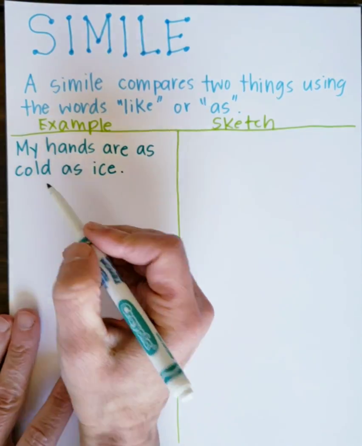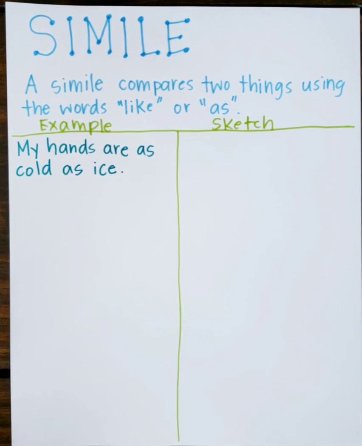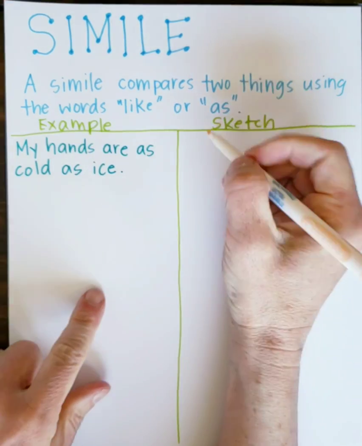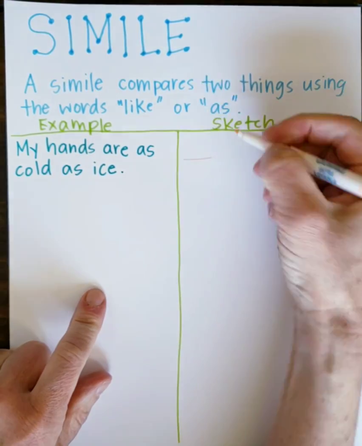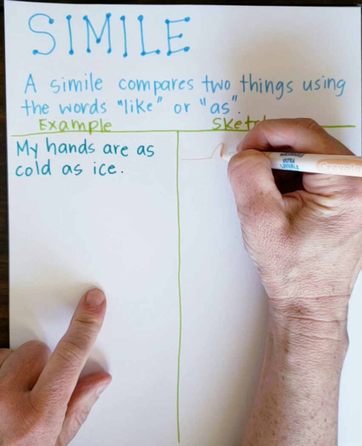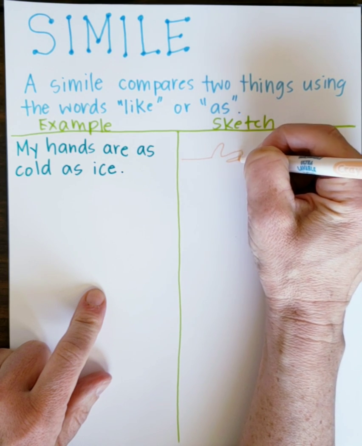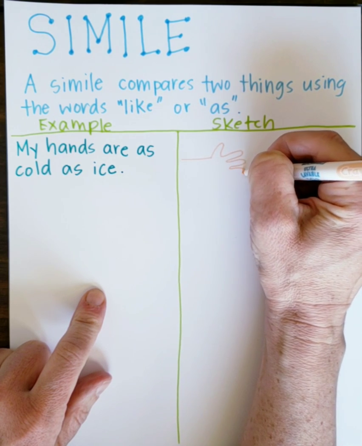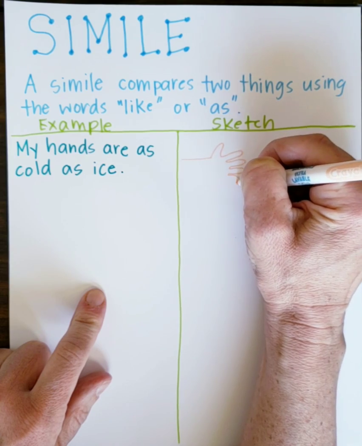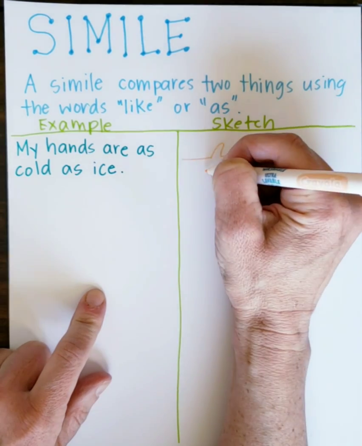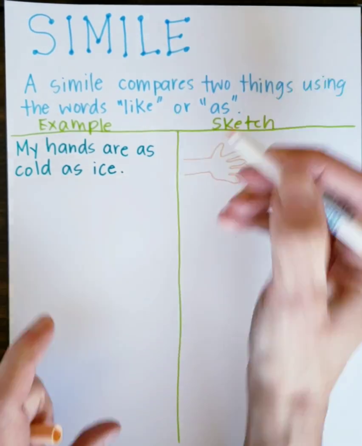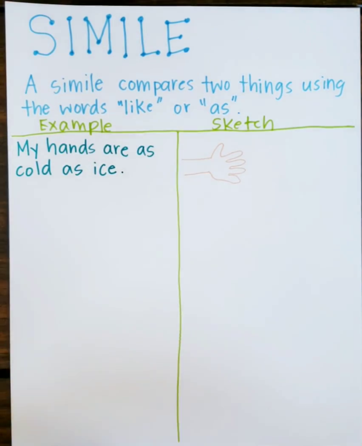All right. And then I'm going to draw a little sketch of that. So over here, on the other side, I have a little hands. And I think for my ice, instead of drawing a cube of ice, I'm going to actually draw some snowflakes.